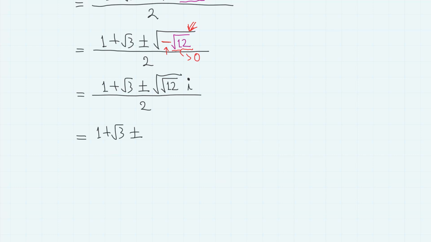Here the double radical part can be written as fourth root of 12, so this times imaginary unit i divided by 2. Here I have to briefly explain this notation, 12 inside the fourth root radical notation, since many people get confused by what this means.